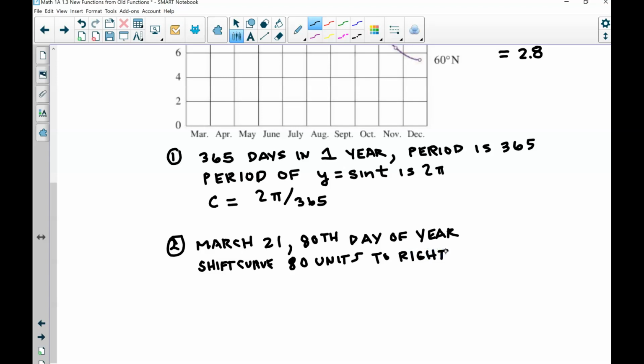Okay, also, we would have to shift it 12 units forward.